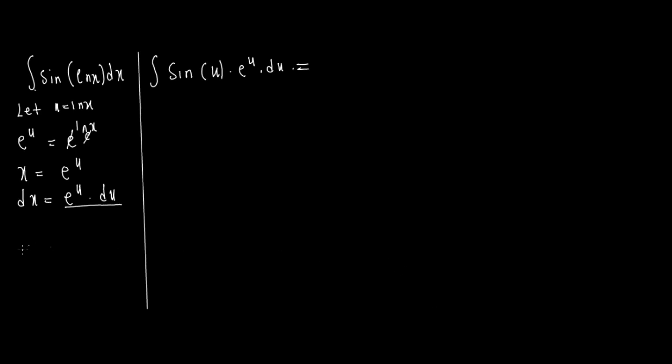But let's agree on this one. The formula for integration by parts is uv minus the integral of v du. Because I can see that if we keep on using u and v, it's going to confuse us. Let's let this u become maybe a variable z.